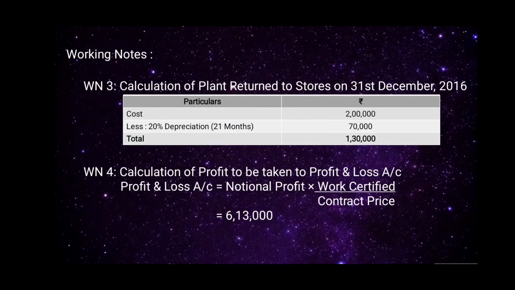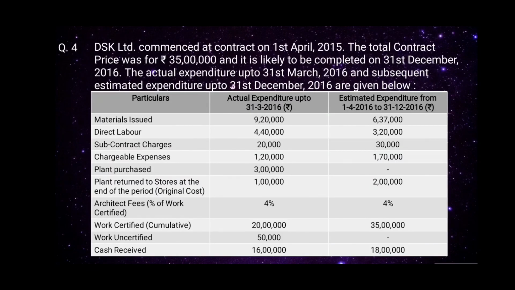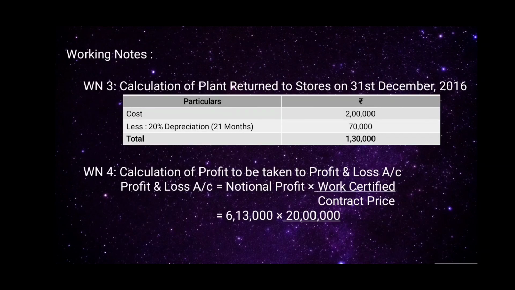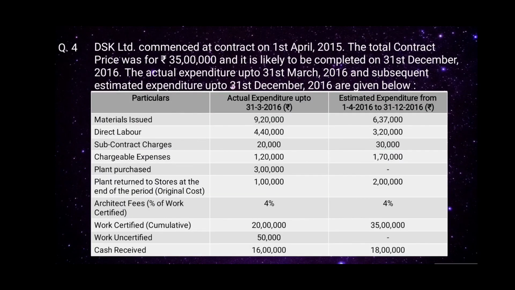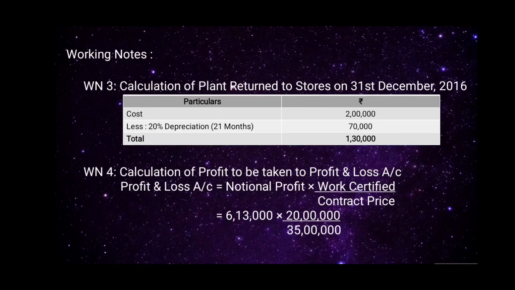So 6,13,000 into work certified amount is 20 lakh divided by contract price, which is 35 lakhs, which will be equal to 3,50,286.